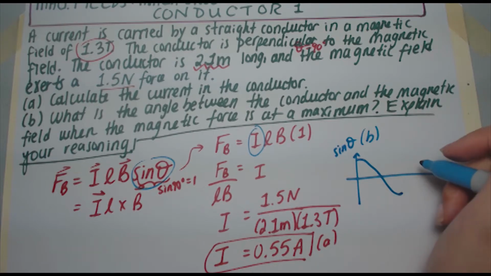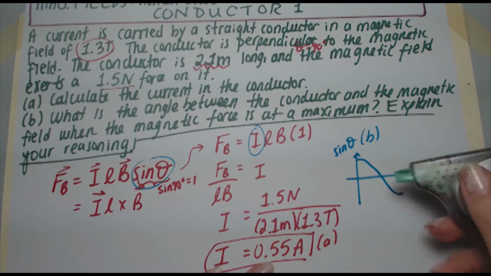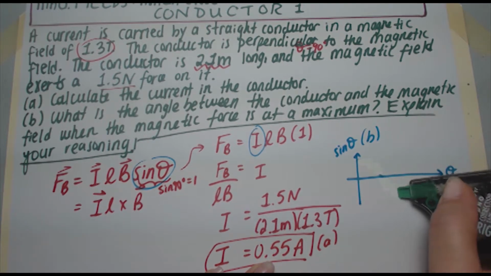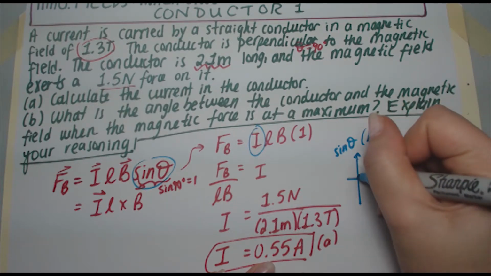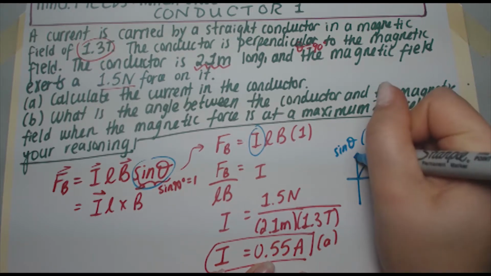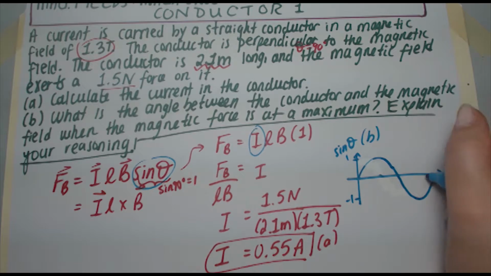it goes between -1 and 1. If you remember the graph of sine theta, it oscillates between -1 and 1. So it has a minimum value of -1, a maximum value of 1.